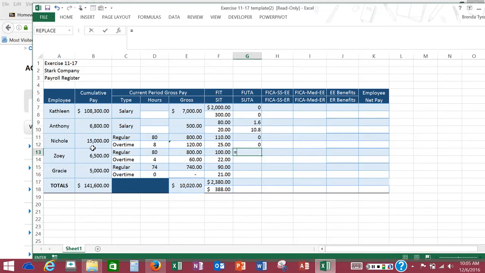So we'll take the 7,000 minus the 6,500 times 0.008, and then again we'll do it with the 5.4%.